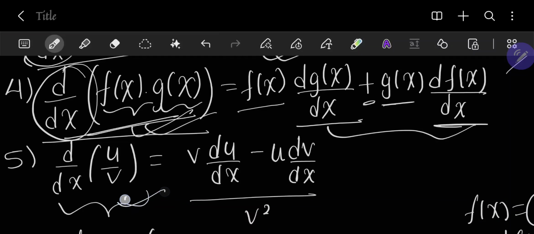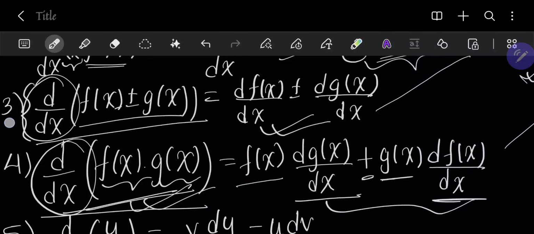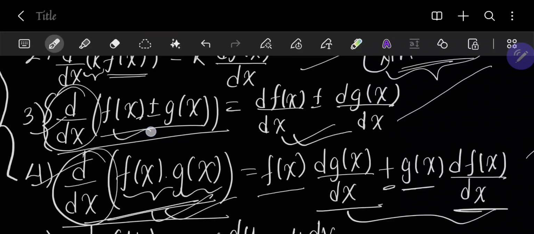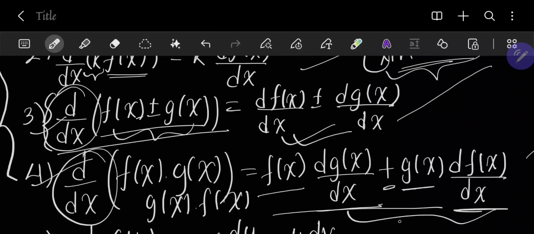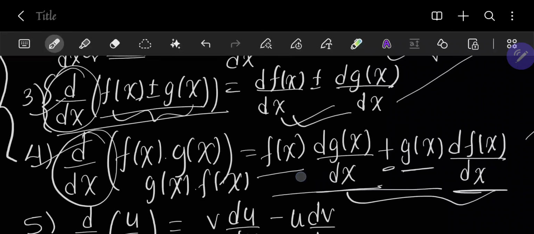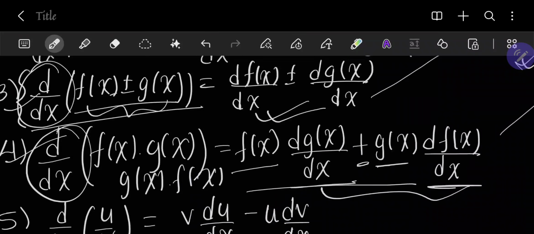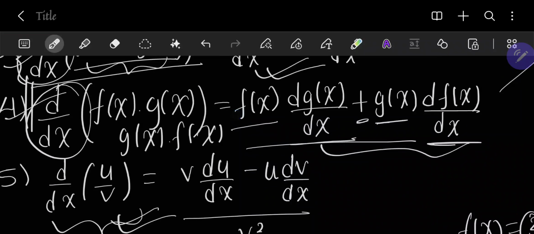Now, this rule is pretty different from both number 3 and number 4 because the order of the functions over here and over here did not matter. So you could essentially write it as g(x) into f(x) and apply this formula, which would be correct. The reason it's different is because, unlike these two, the order of the functions actually matters.